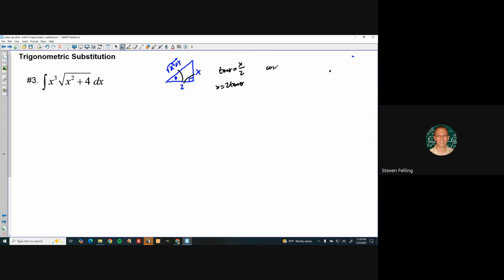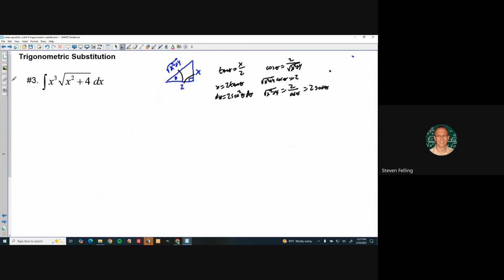So cosine of theta is the adjacent side over the hypotenuse, which means if I solve for the hypotenuse, I have the hypotenuse is 2 over cosine theta or 2 secant of theta. So we have things that can transform into each other, tangents and secants. This side is the one I'm going to use to take the derivative to get the dx. The derivative of tangent is secant squared.